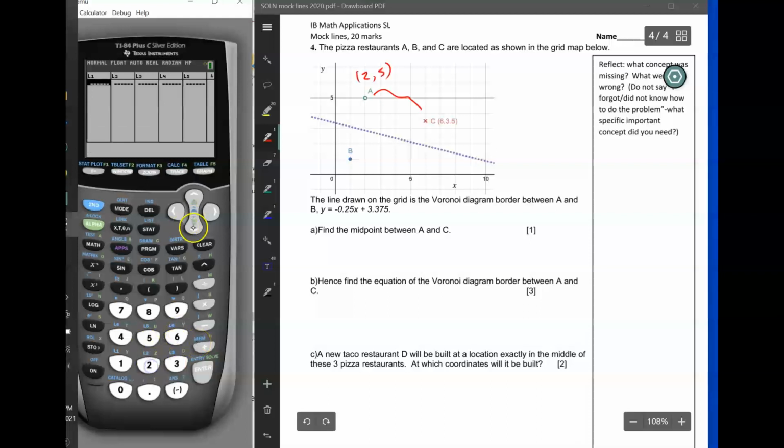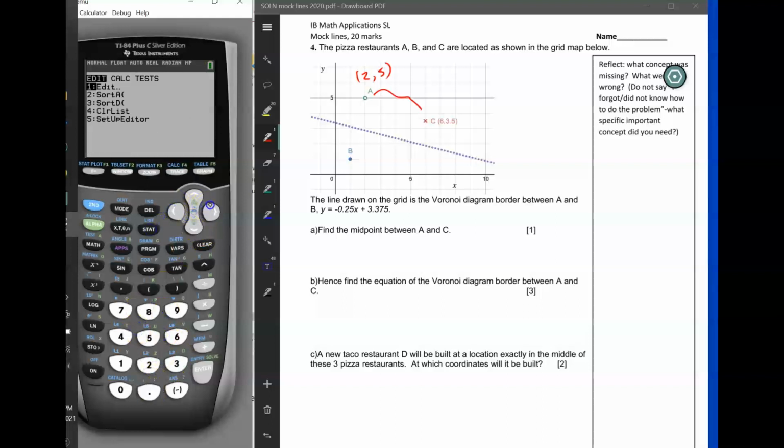So we'll put 2, and then we'll put 5, and we put it across, not going down. And then we put C also in the calculator, 6, 3.5.